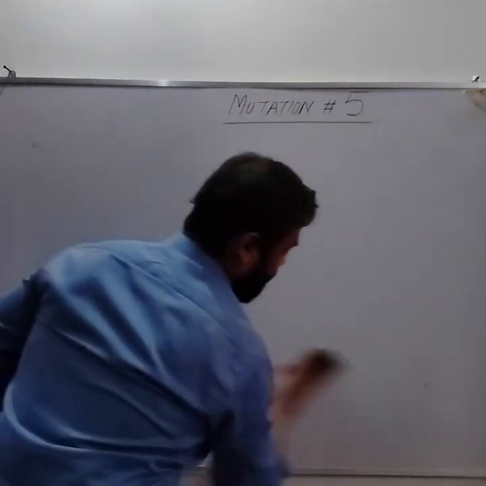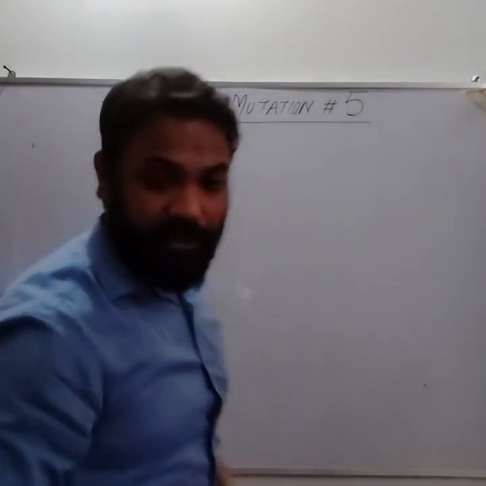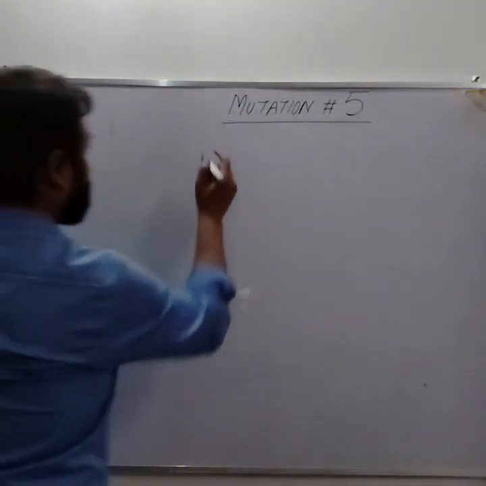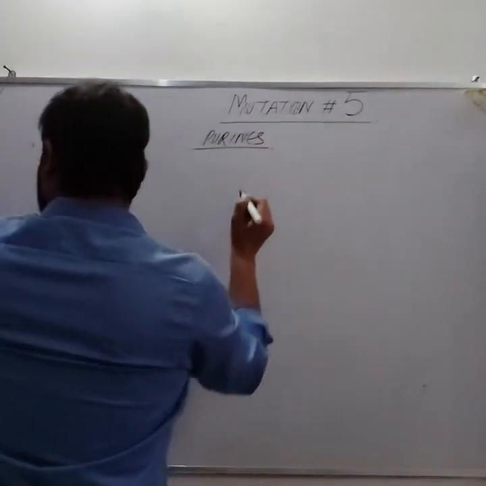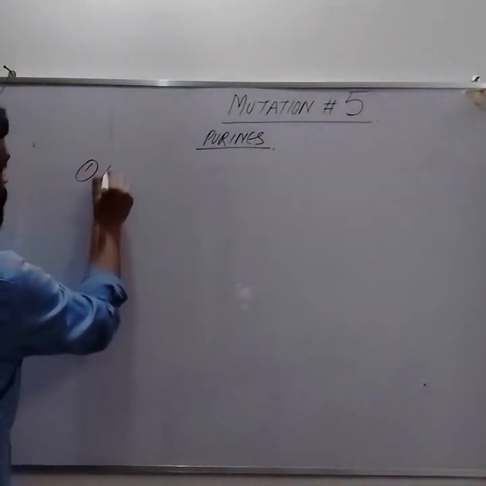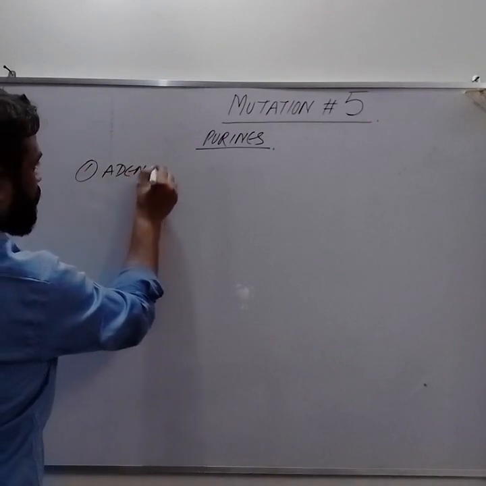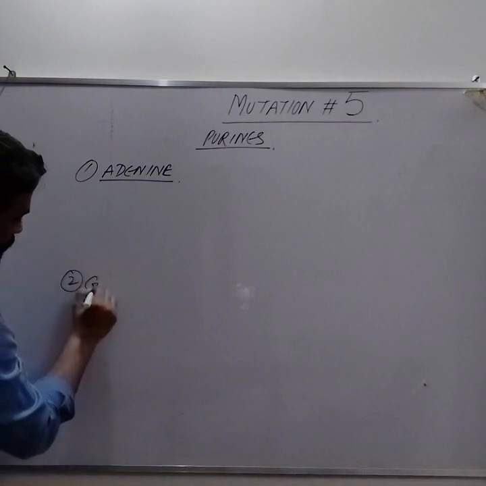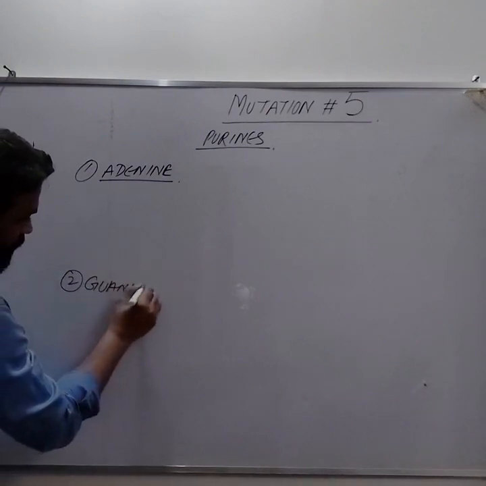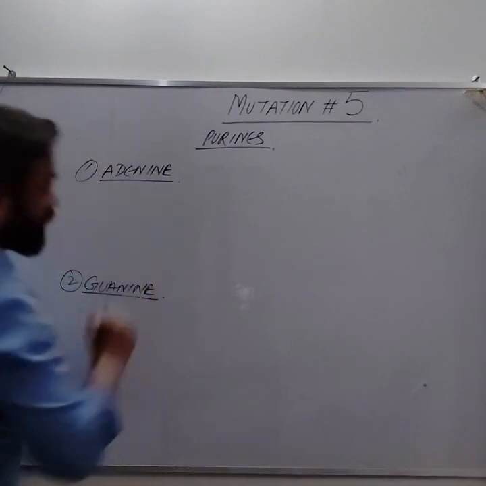So one by one we will discuss. First we will discuss the purines: adenine, and second one, guanine.